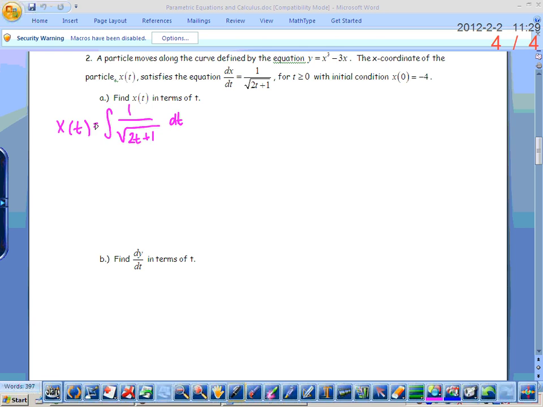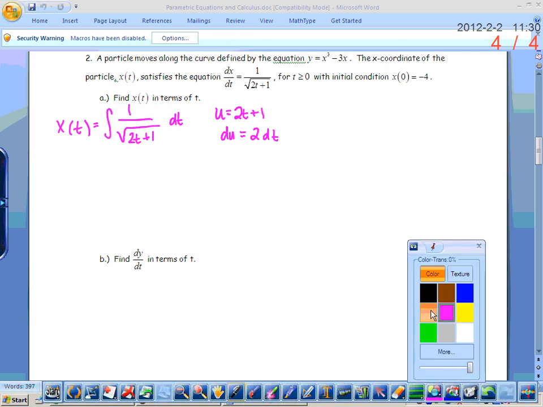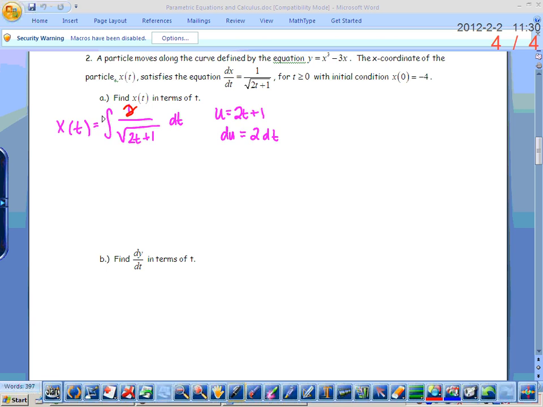How am I going to integrate that? Yep. u equals 2t plus 1. So du is 2 dt. So I need a 2 and a 1/2. So the 2 dt is my du. I have 1 over root u, so I can think of that as u to the negative 1/2 du.